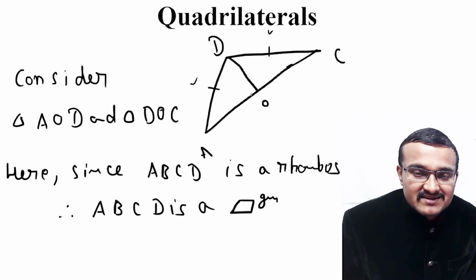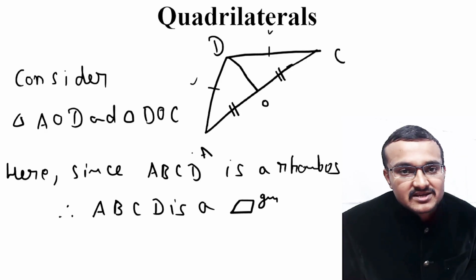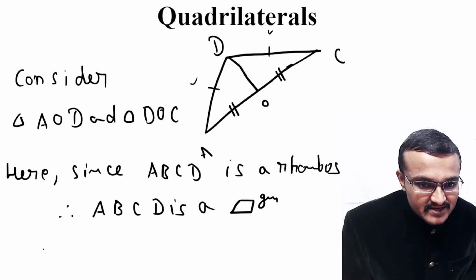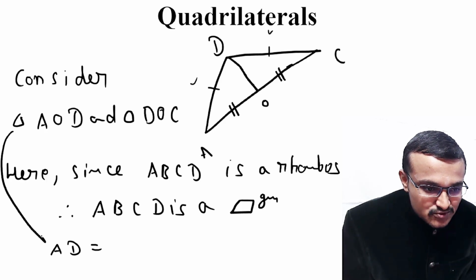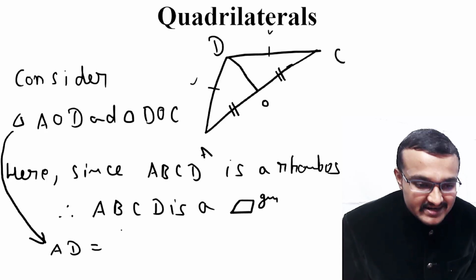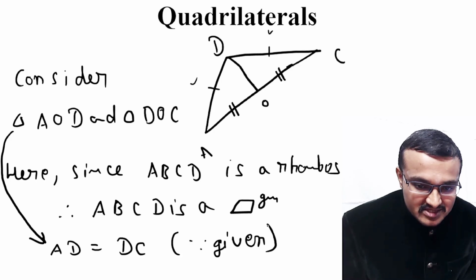In a parallelogram, diagonals bisect each other. So that means this particular side will be equal to this particular side. Here we are considering triangle AOD and triangle DOC. AD is equal to DC, which is already given because ABCD is a rhombus.